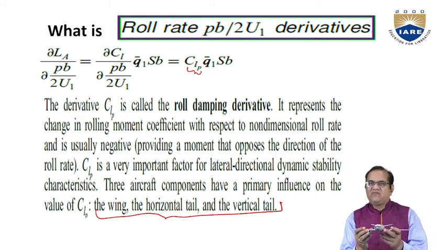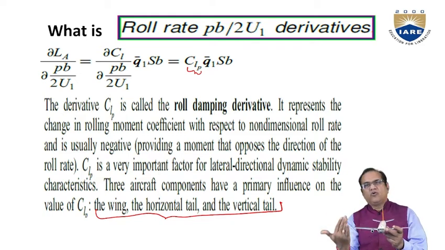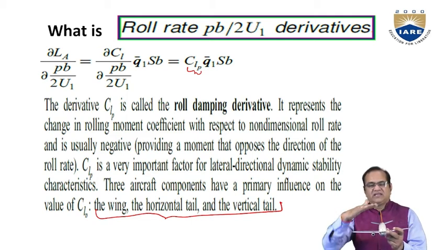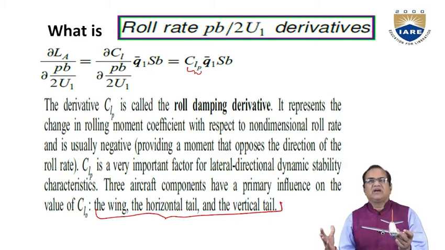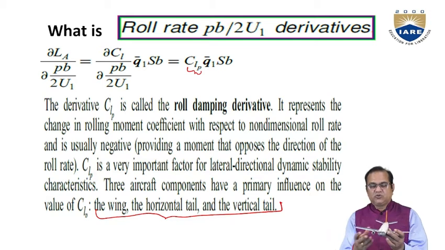If it is a high wing, it will give more stability because CLP, the roll damping derivative, will be high in the high wing configuration. But if you take this same wing to the lower position, then more roll damping derivative will not be generated. To have the lower wing generate roll damping, we should have dihedral.